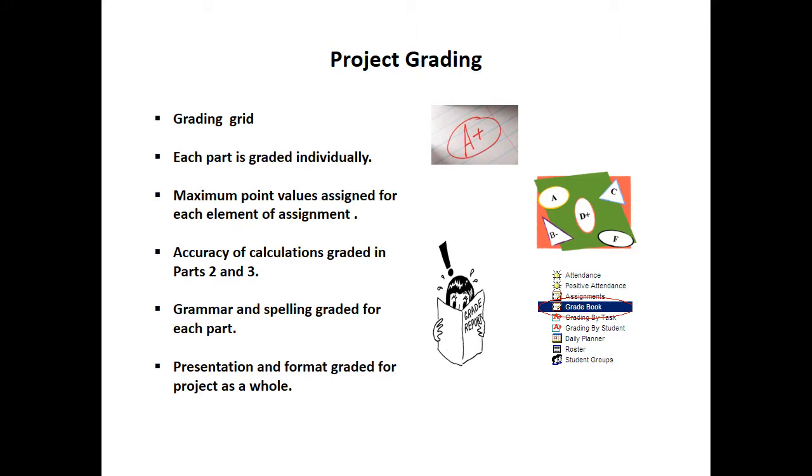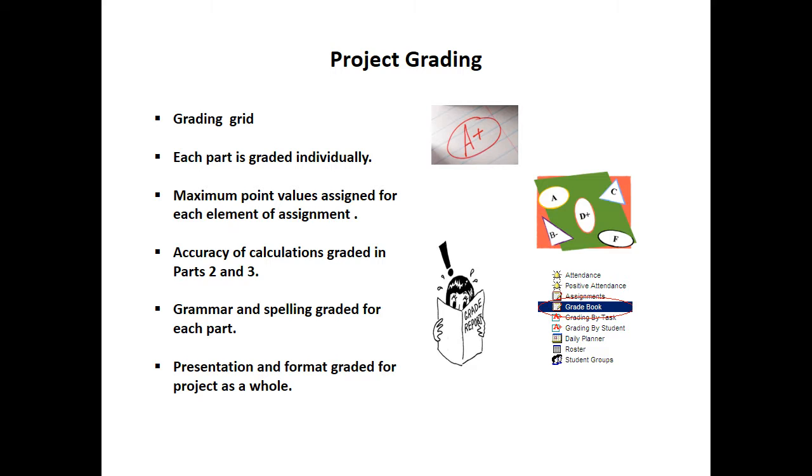In the project grade computation, I'm not sure that I have it on this PowerPoint presentation now that I think about it, but you have it in the document that I provided for you. There are some items: grammar and spelling, presentation and format, and accuracy of calculations.